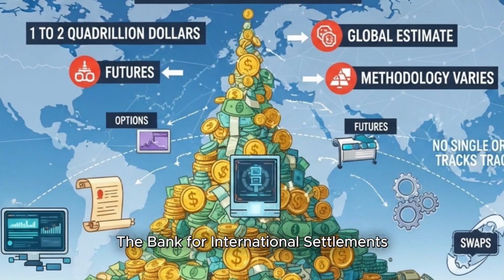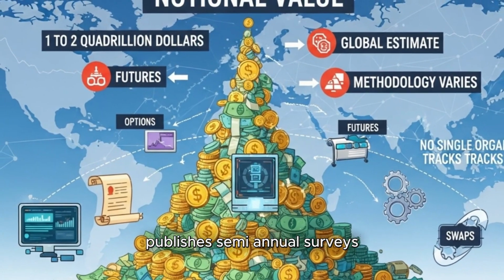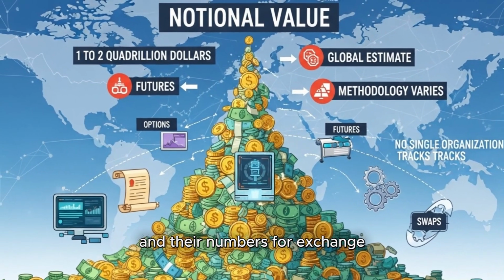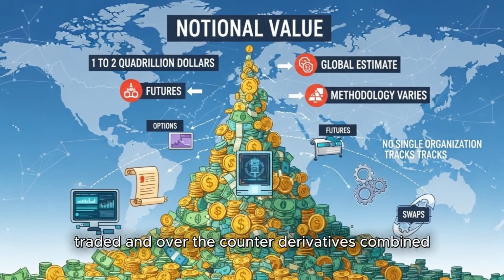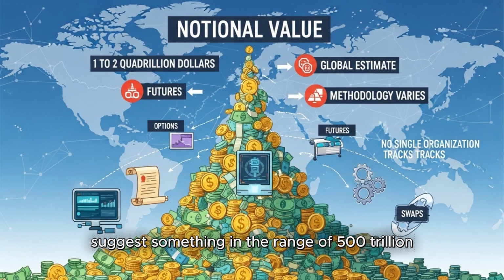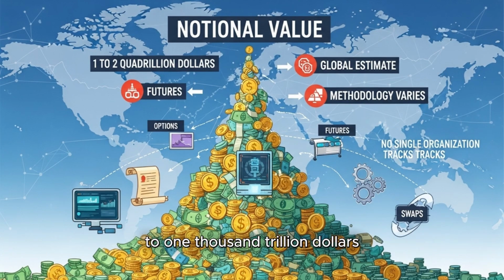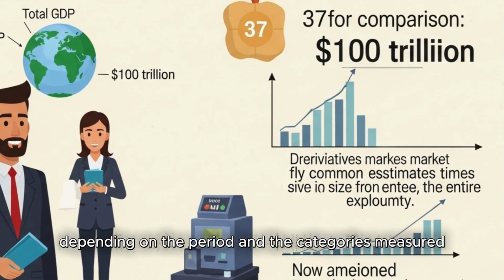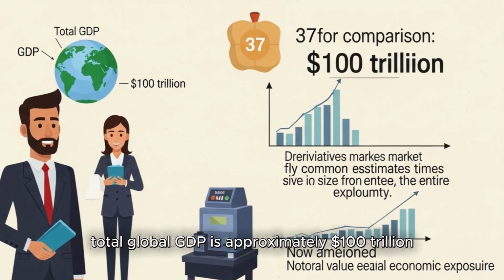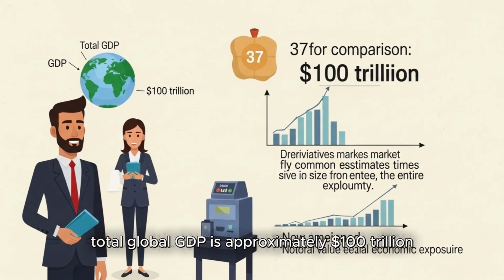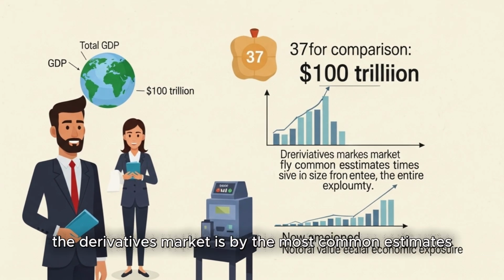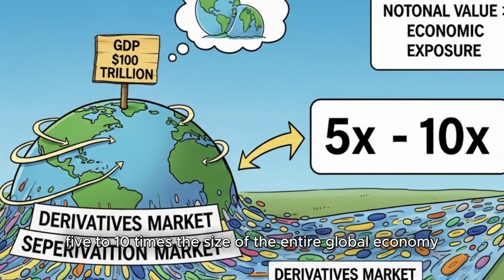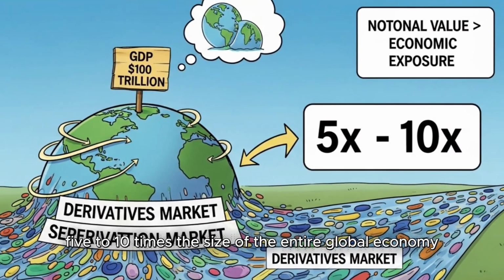The Bank for International Settlements publishes semi-annual surveys that are the closest thing to authoritative data, and their numbers for exchange-traded and over-the-counter derivatives combined suggest something in the range of $500 trillion to $1,000 trillion, depending on the period and the categories measured. For comparison, total global GDP is approximately $100 trillion. The derivatives market is, by the most common estimates, 5 to 10 times the size of the entire global economy.